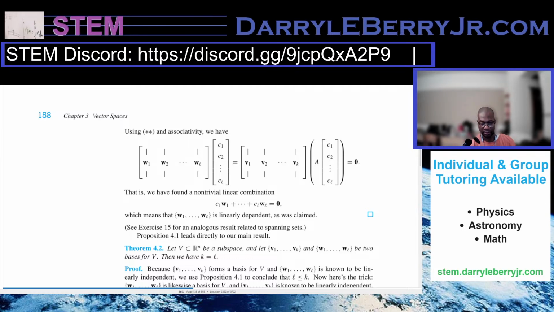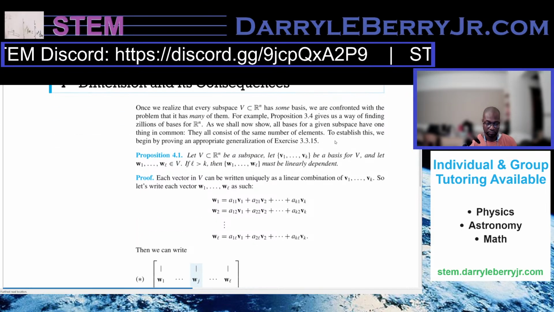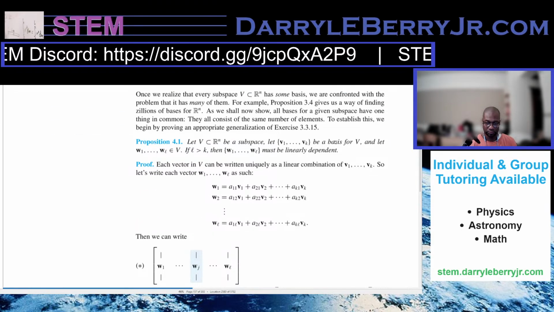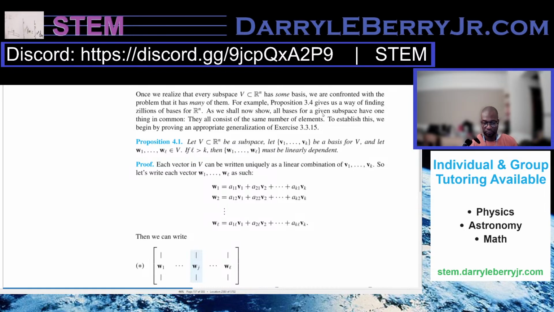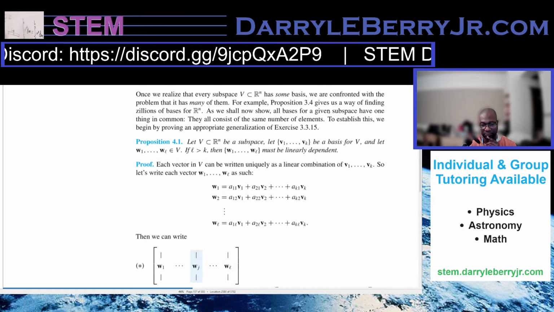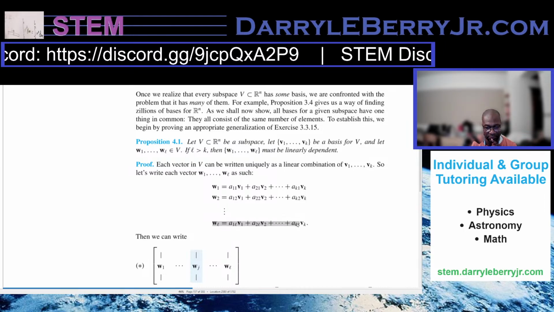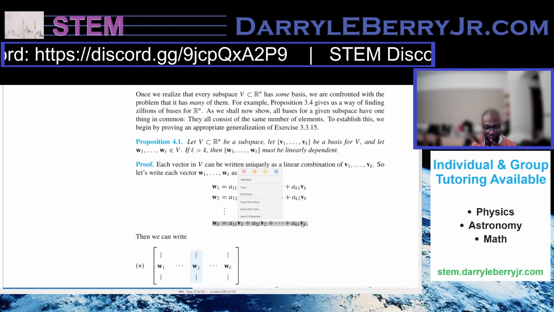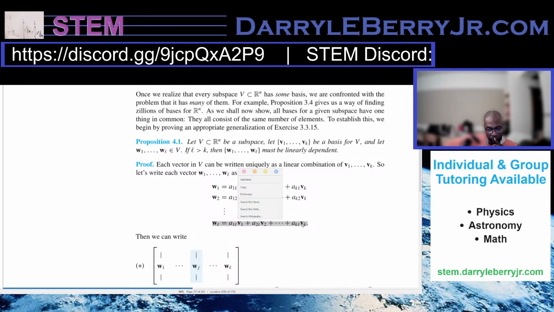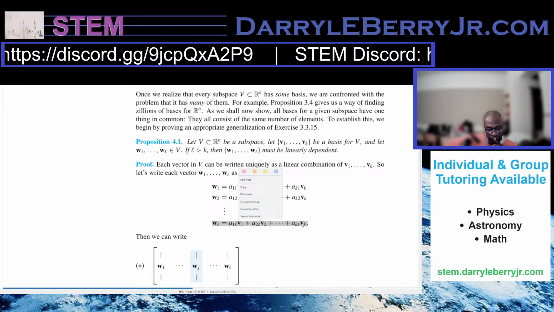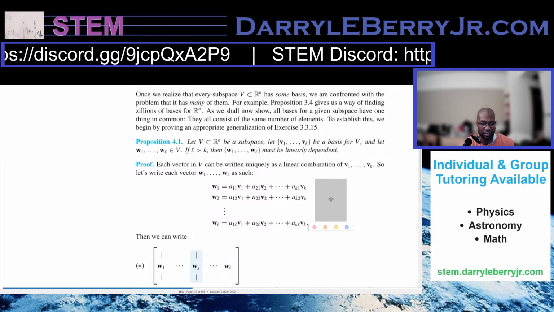So I'm not getting the A part. So we know that L is greater than K. So this last L row here, so you've got to get used to their notation.